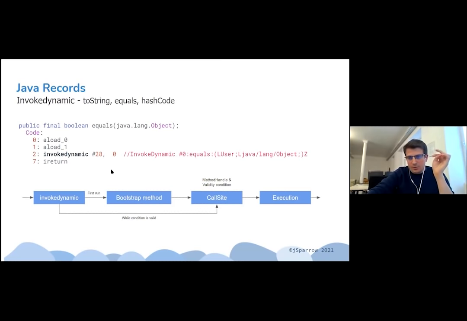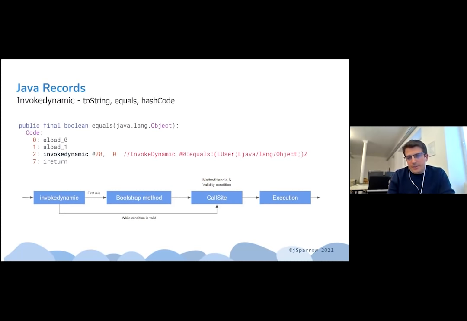in the execution flow. This is a tricky topic, it would be enough for starting another talk only on invokedynamic. But the overall idea is to shift the generation of the bytecode from compile time into runtime.